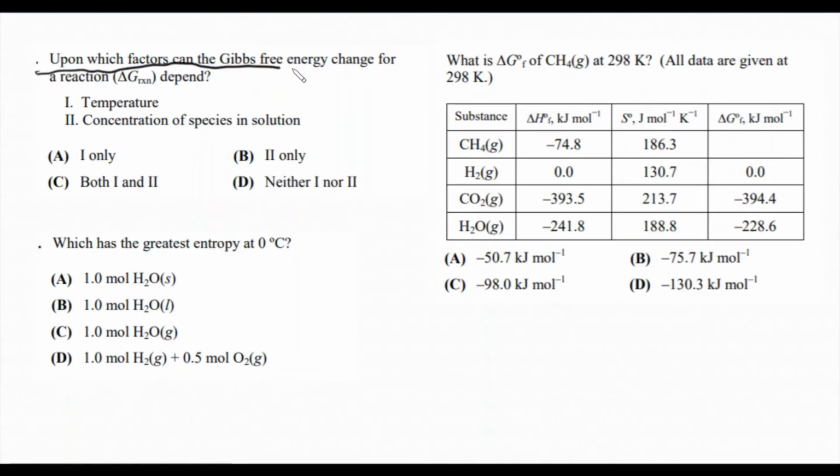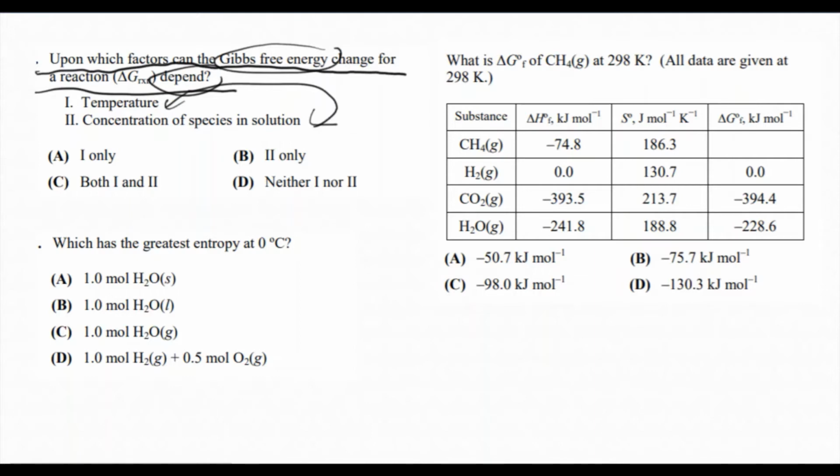Upon which factors can the Gibbs free energy change for a reaction depend? So this question is saying, what factors does the Gibbs free energy depend on? Does it depend on temperature, or the concentration of species in solution, or maybe both?